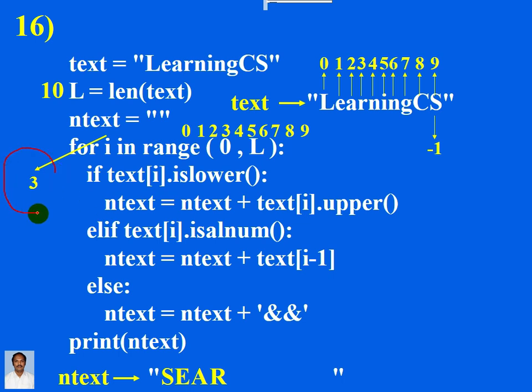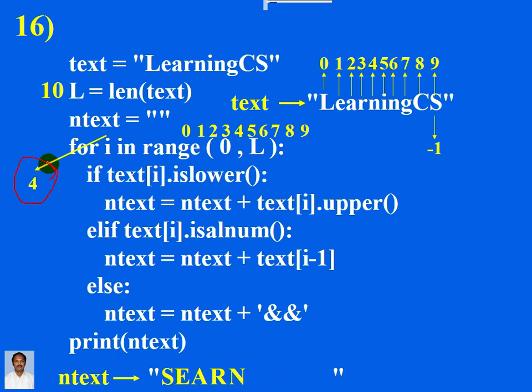I takes the next integer in the range, 4. Text of 4, you get small n. Small n dot is lower. True. So this will be executed. N text, which is this, concatenated with small n dot upper. So here you get capital N, that is assigned to N text. So here capital N comes.